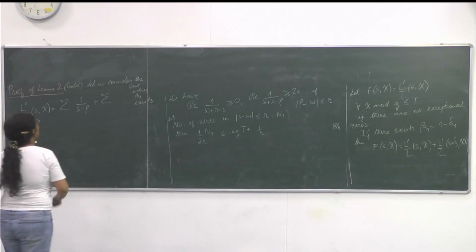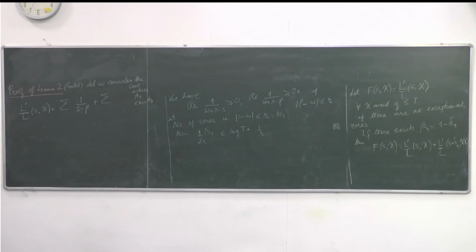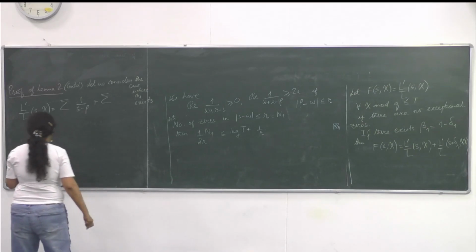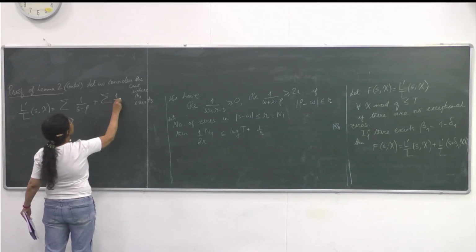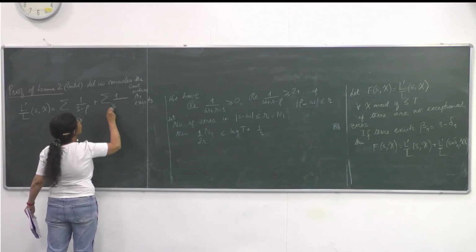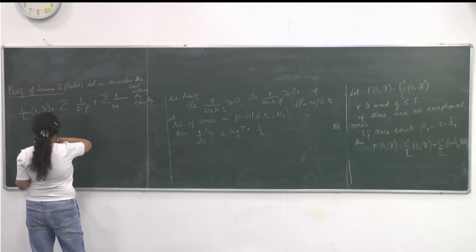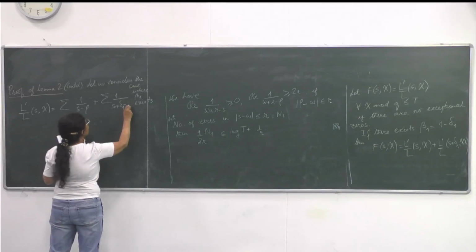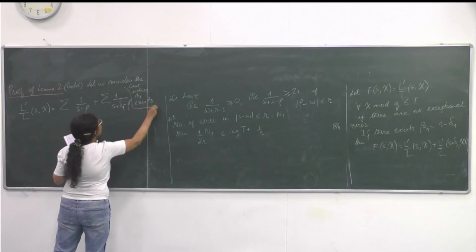So you have S minus rho, and then you have 1 upon S plus sigma 1 minus rho prime.